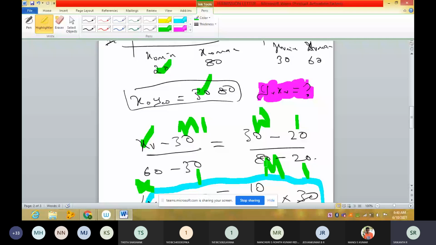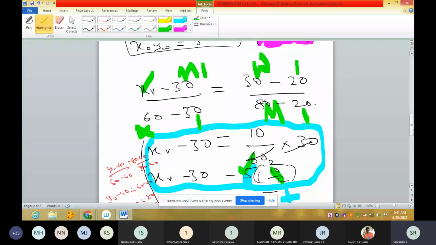So we have this equation now. If you solve this equation, XV minus 30 divided by 60 minus 30. 60 minus 30 is 30. 30 minus 20 is 10. 80 minus 20 is 60. So we will be getting XV minus 30 divided by 30 is equal to 10 divided by 60.